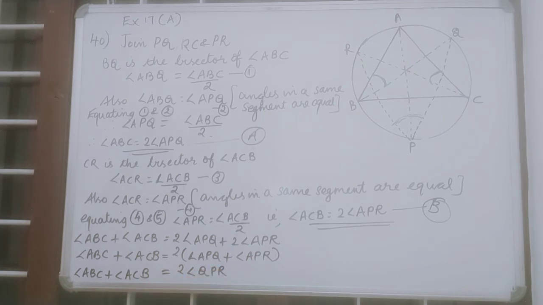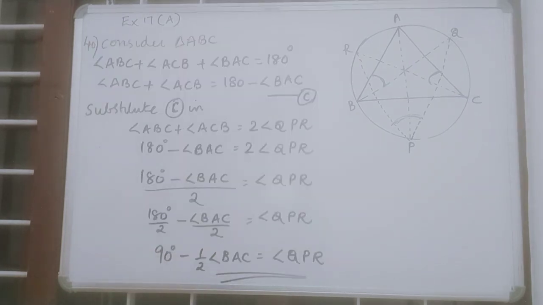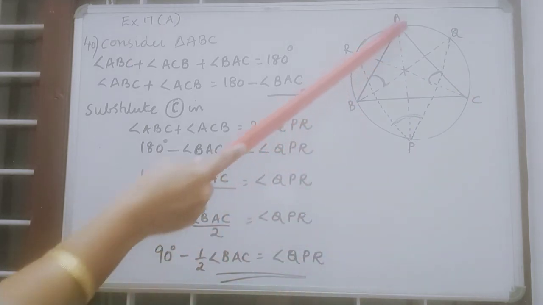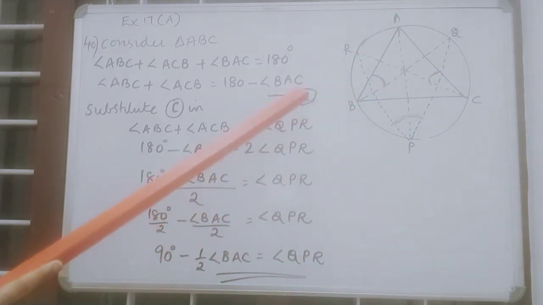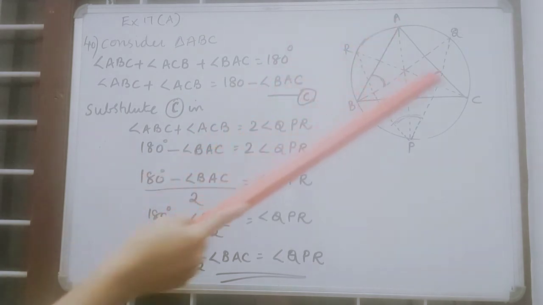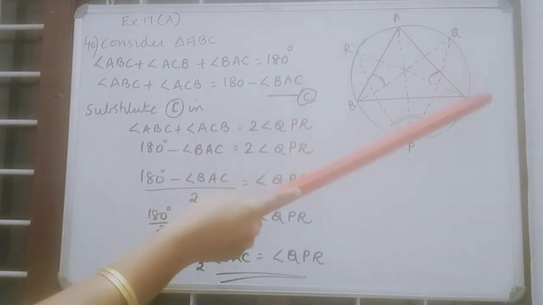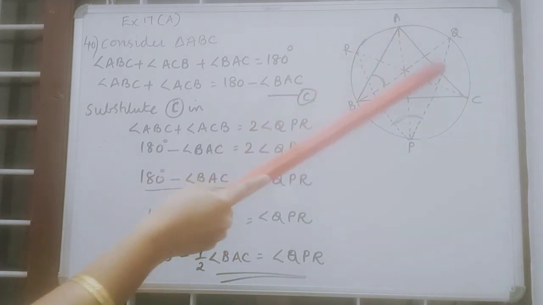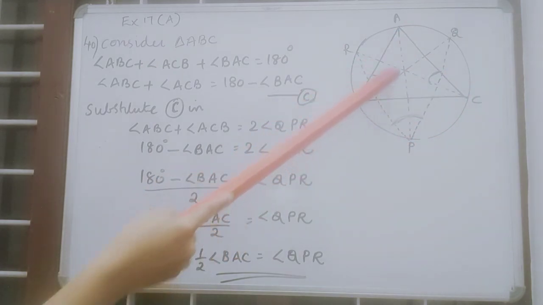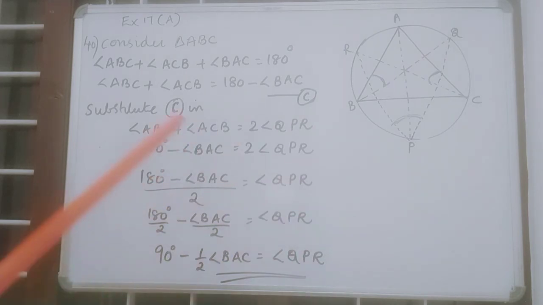Next, consider triangle ABC. Sum of angles of a triangle is equal to 180 degrees. So angle ABC plus angle ACB plus angle BAC is equal to 180 degrees.